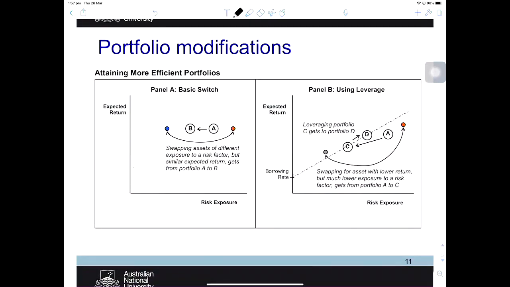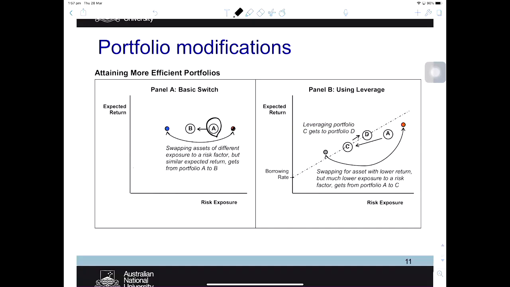On the left-hand side, we have this graph showing that we have a total portfolio at this position, and I will consider some asset swap within my total portfolio. Especially, I identify one asset here, asset A, and it can be a commercial property that the fund owns, for instance, an office building or a shopping center, and I consider this to be too much exposure to the property market or a segment of the property market.